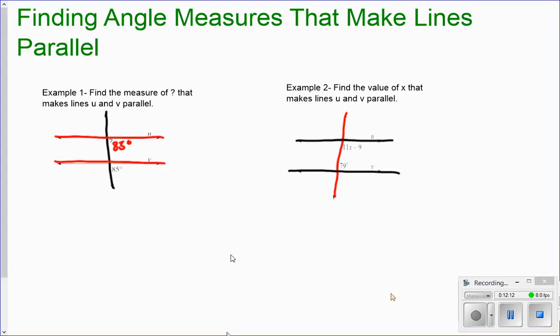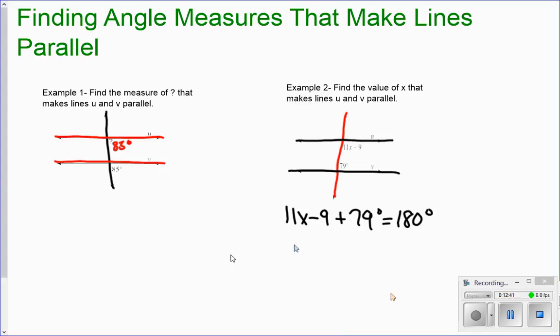So we know that in order for the lines to be parallel, those same side interior angles would have to be supplementary. Meaning we need to add 11x minus 9 to 79 degrees, and that should equal 180 degrees because same side interior angles are supplementary. And if that's true, then the lines are parallel.